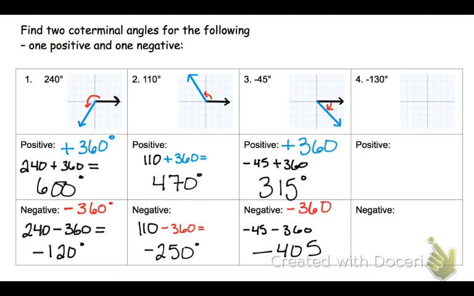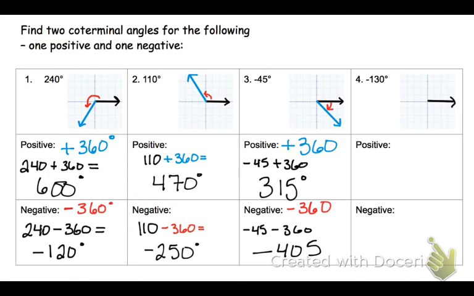Example number 4, I will start with you. Start by drawing our initial side on the positive x-axis. Let's think where our terminal side will end. First and foremost, we are going negative degrees.